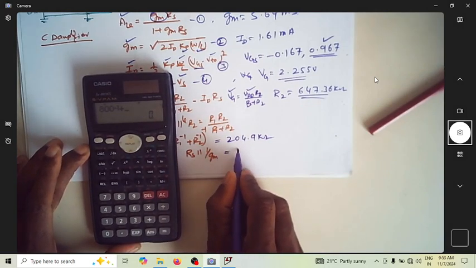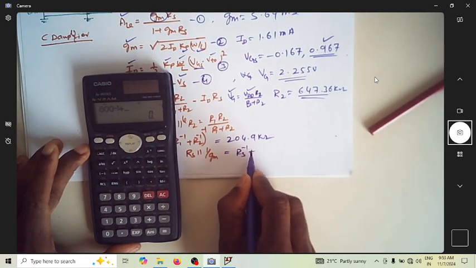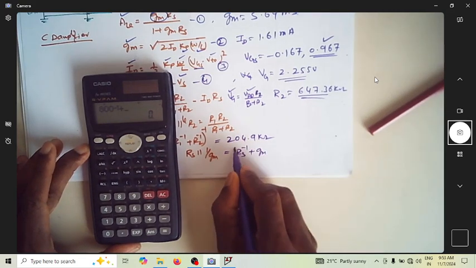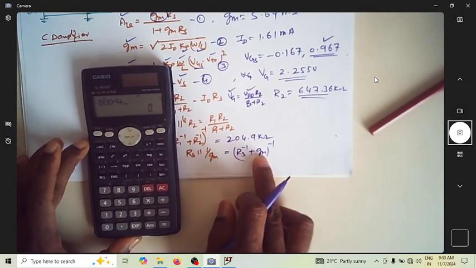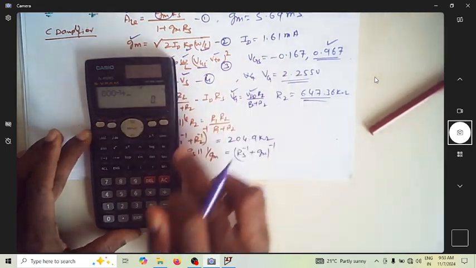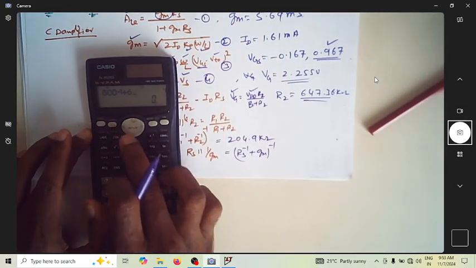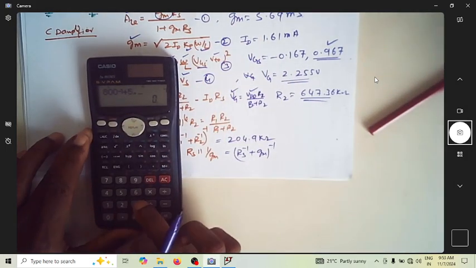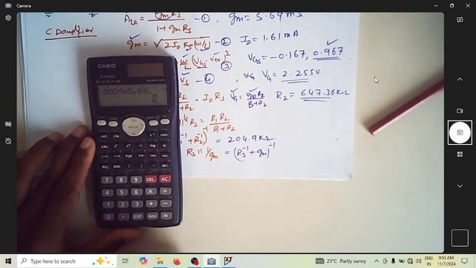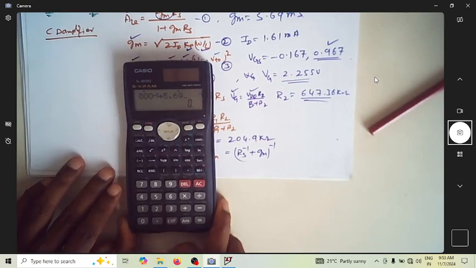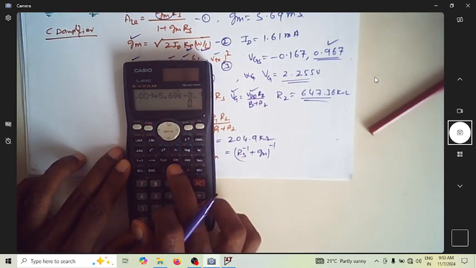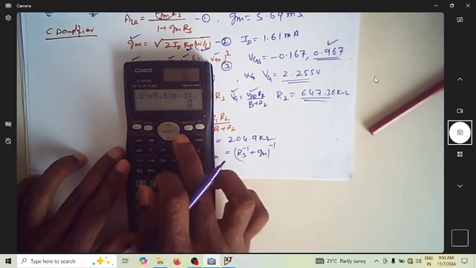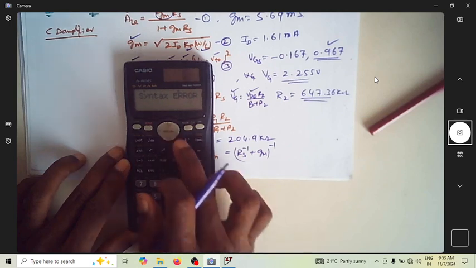Can I write this as RS inverse plus GM, whole inverse, because 1 over GM is already there. So it simply becomes 800 inverse plus 5.69 exponential minus 3, close the parenthesis, whole inverse.